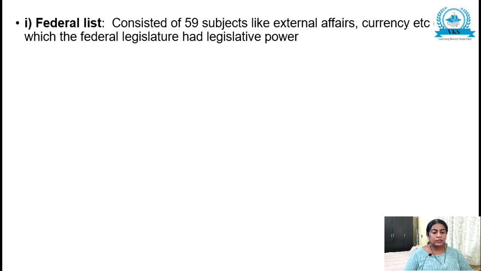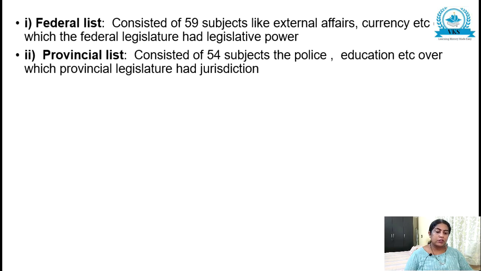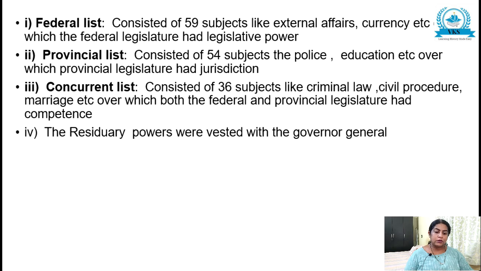Federal list consisting of 59 subjects like external affairs, currency, etc., over which federal legislature had legislative power. Provincial list consisted of 54 subjects, the police, education, etc., over which provincial legislature had jurisdiction. Concurrent list consisted of 36 subjects like criminal law, civil procedure, marriage, etc., over which both federal and provincial legislature had competence. The residuary power vested with Governor General.